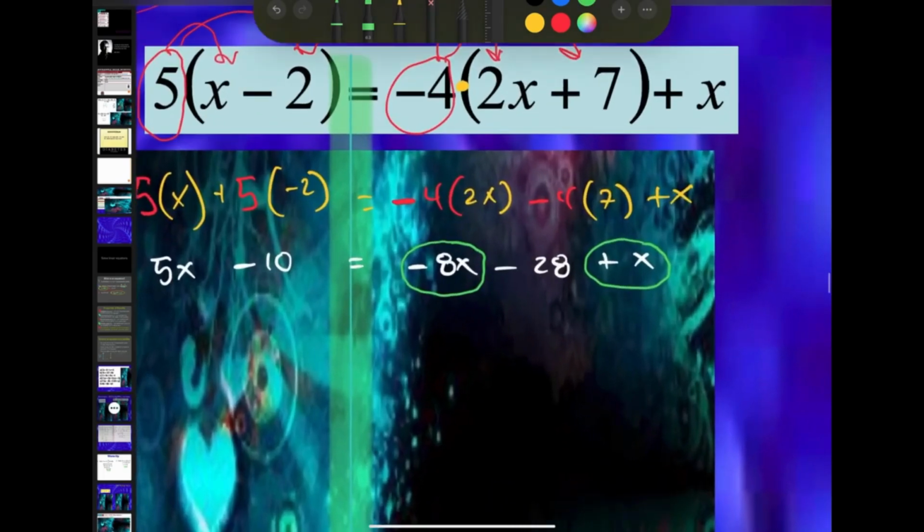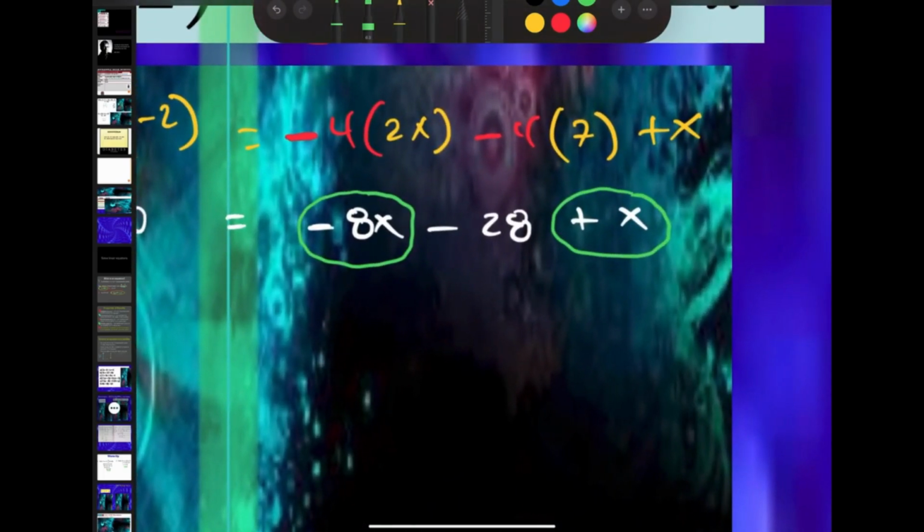They think to themselves, these are x's, they belong together, so I'll do the opposite and do this. Negative x. This is incorrect, because you only do opposites to go across the line, to go across the equation.